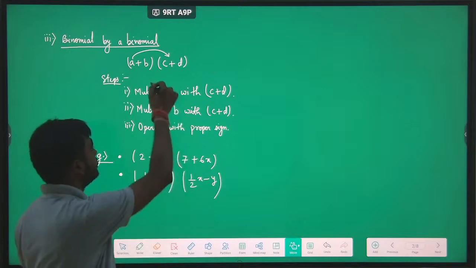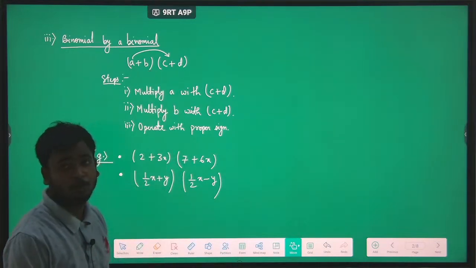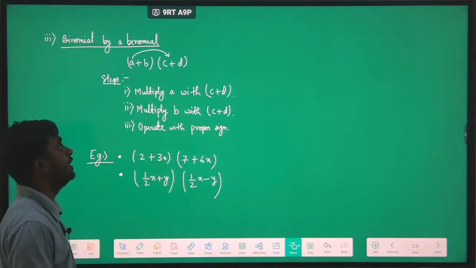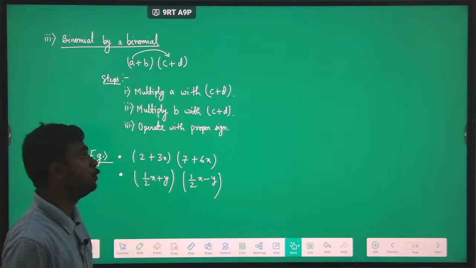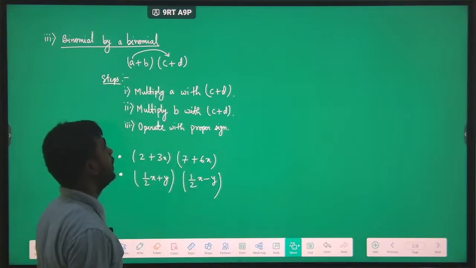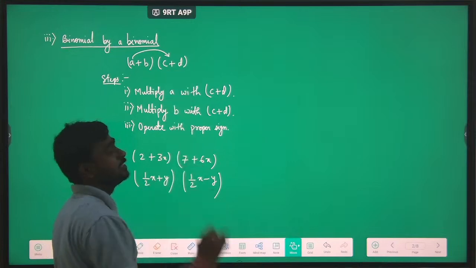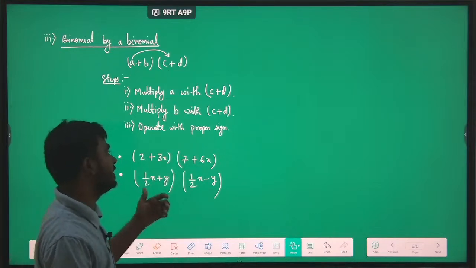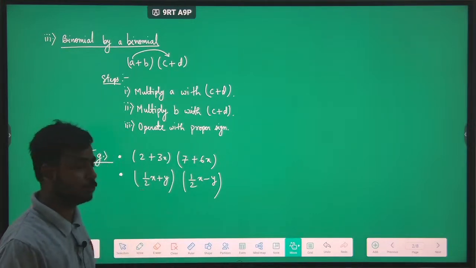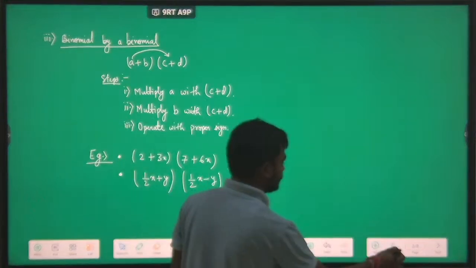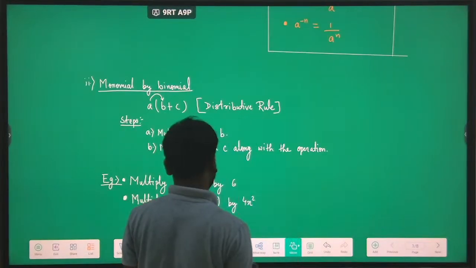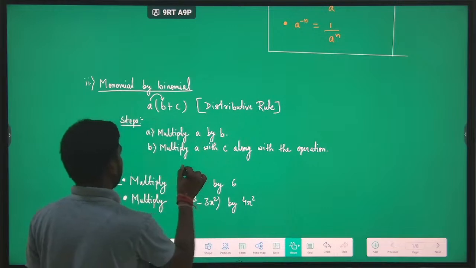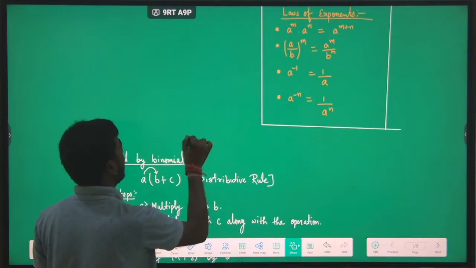We have studied that a binomial has two terms. So a plus b is our first binomial and c plus d is our second binomial. We will study the steps of how to multiply these. First of all, let us go through our first multiplication type, monomial with monomial.